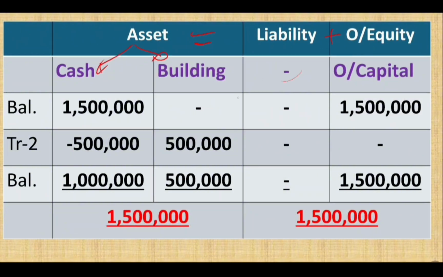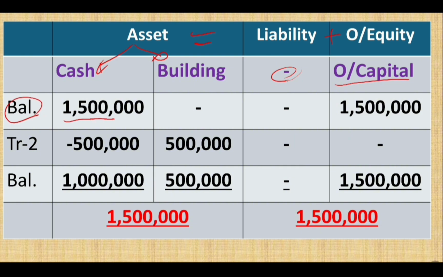Now we have this basic equation: asset is equal to liability plus owner equity. Here we have two assets, cash and building. Liability, there is no liability here. In the case of owner equity, we have only owner's capital.